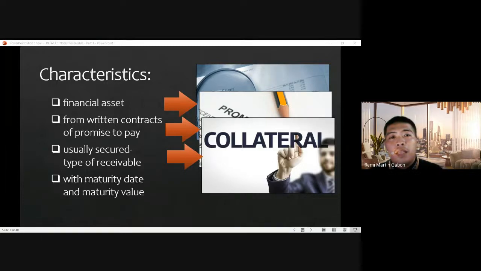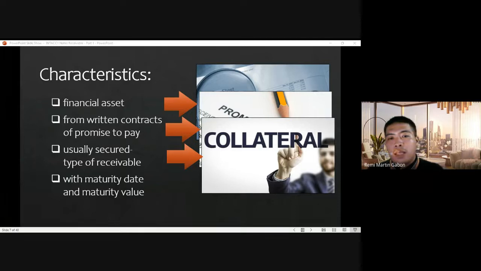So for example, if an entity is borrowing funds from the bank, it could either serve its properties like the land or the building itself or the automobiles or other equipment for purposes of securing the loan.